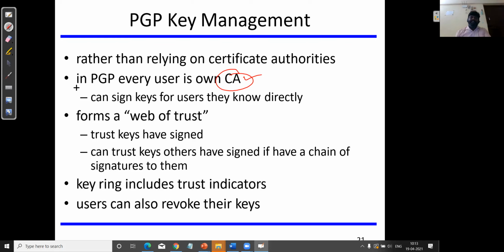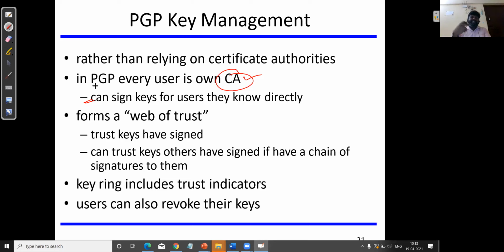Similarly, in PGP every user is their own certificate authority and can sign keys for other users, and they know them directly, right? Because here the individual users act as their own certificate authority.